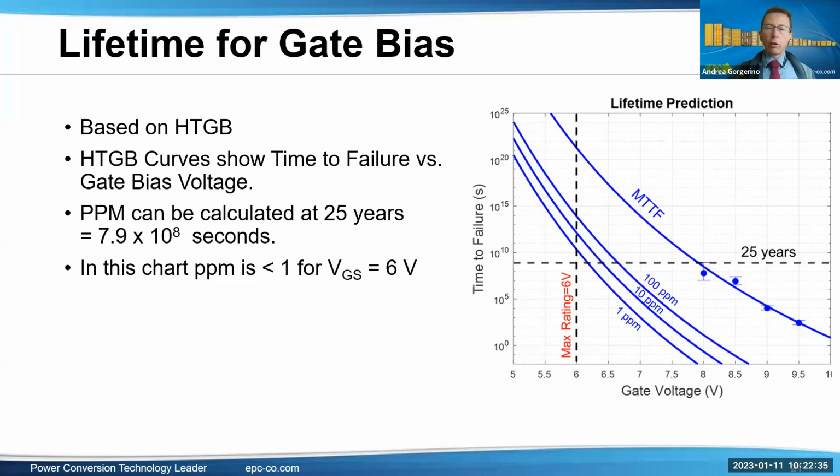So very, very low ppm rate for gate bias. This is also reflected in our field return rates, which are basically almost, I would say, no gate failures really in the history of EPC. We have an extremely reliable gate, and we have all the data to show that.